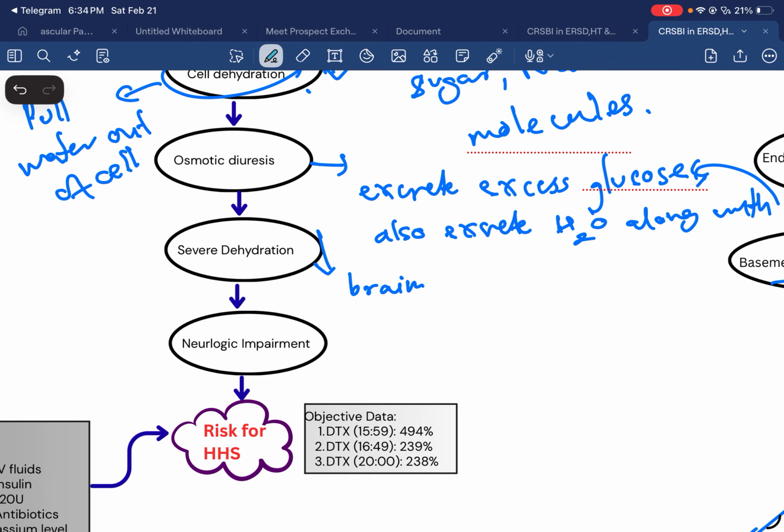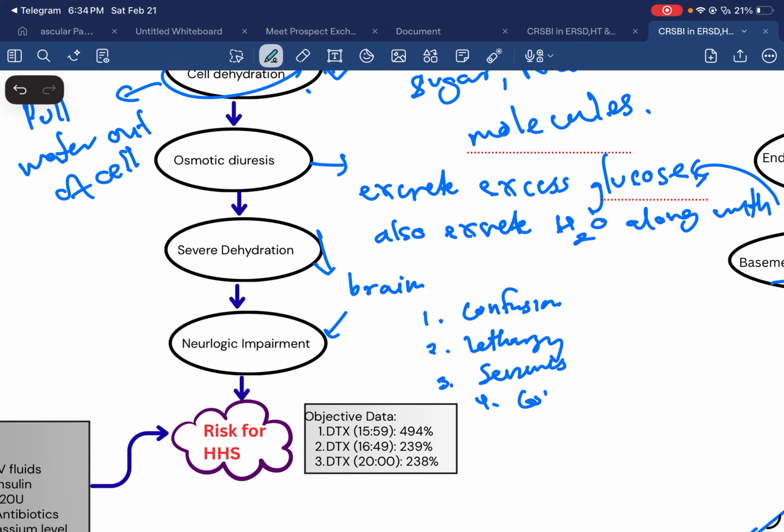And when there is brain dehydration, it leads to neurologic impairment such as confusion, lethargy, seizures, and coma.